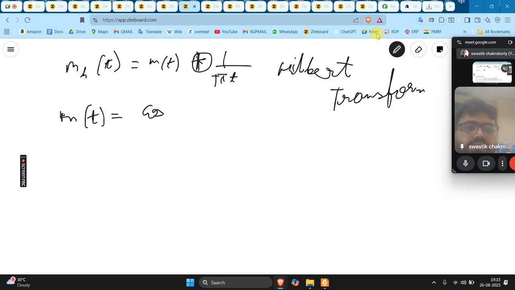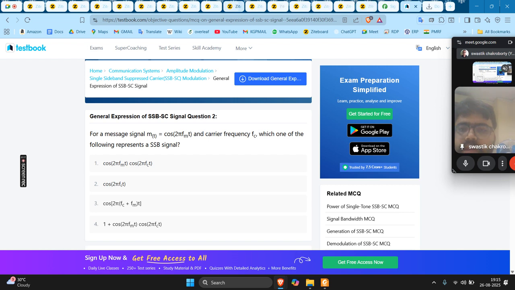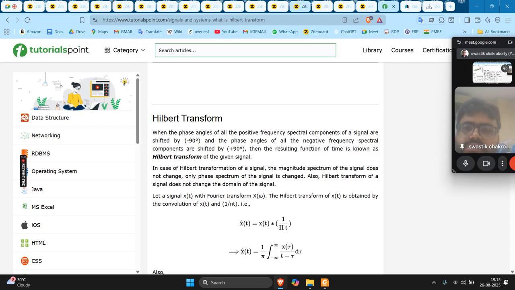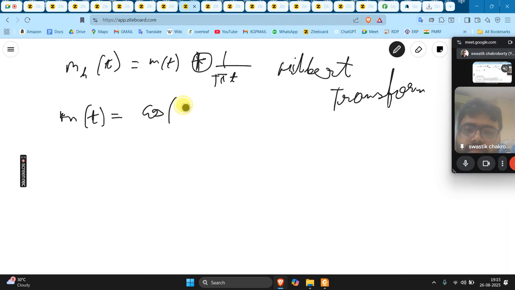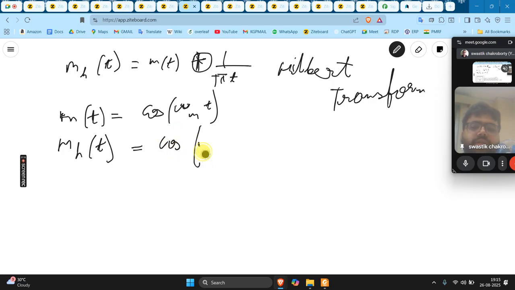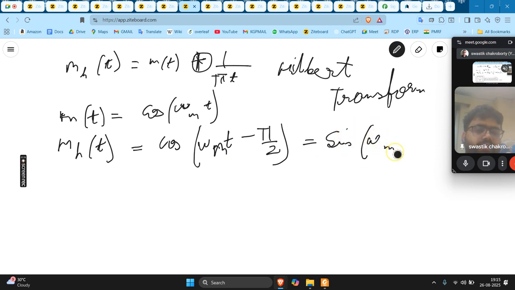cos 2 pi fm t, or cos omega m t. Now for the Hilbert transform, since this is a single frequency component, we can just phase shift it by negative pi by 2 to get the Hilbert transform. So this is just sin omega m t. The Hilbert transform of cos theta is sin theta.